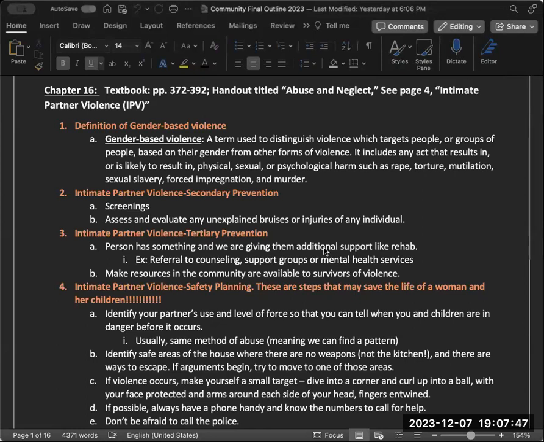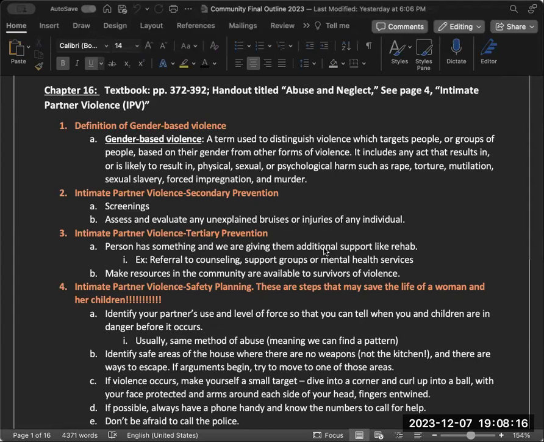So essentially, we're talking about violence towards a group of people based on their gender. I don't remember what specific page I got this from, but I think it was one of the beginning pages where they have the vocabulary. So gender-based violence is one of the definitions that we need to know.